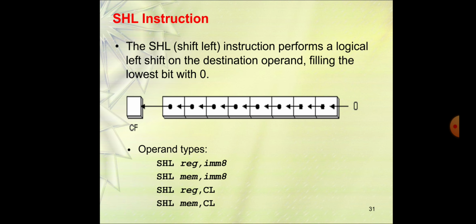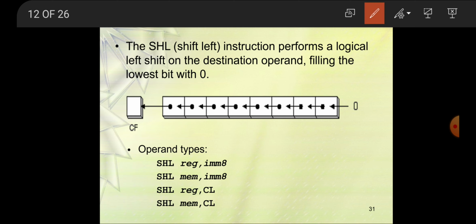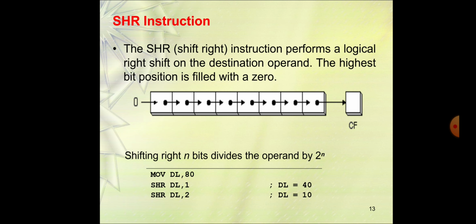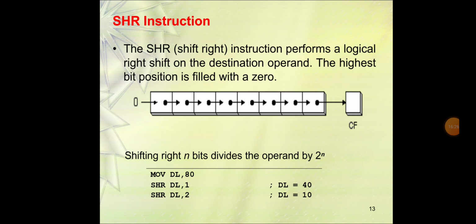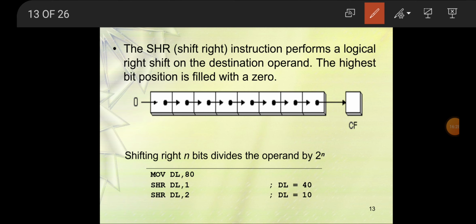Now the SHL instruction, which I already explained: it performs a logical left shift on the destination operand and fills the lowest bit with zeros. It is used as SHL register, immediate, or SHL register, CL, or SHL memory, CL; this is how it is written. Now the SHR instruction performs a logical right shift on the destination operand, and the highest bit position is filled with zeros.